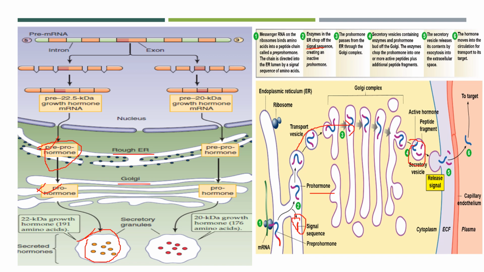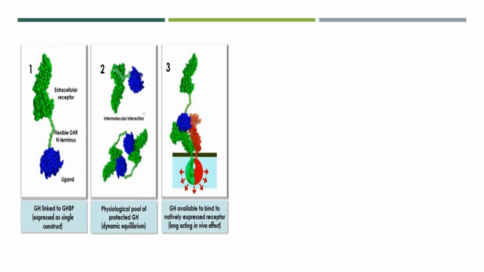The secretory vesicles containing enzymes and pro hormone cut off the inactive part of the hormone and form the active hormone, which will remain stored in the secretory granule. And whenever needed, it will undergo exocytosis and be released into the circulation.